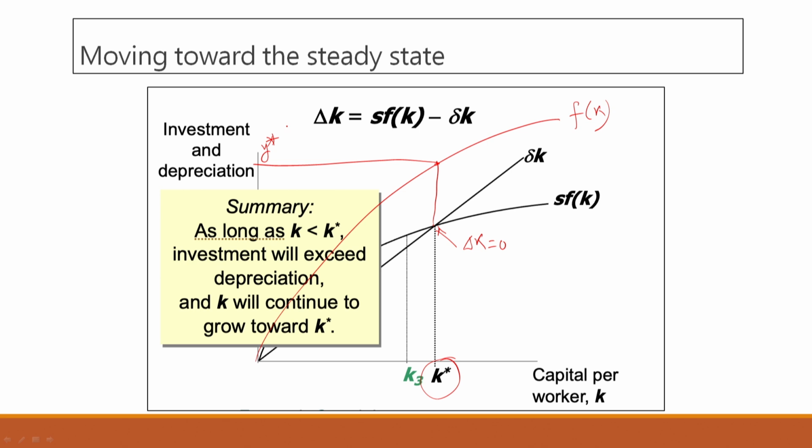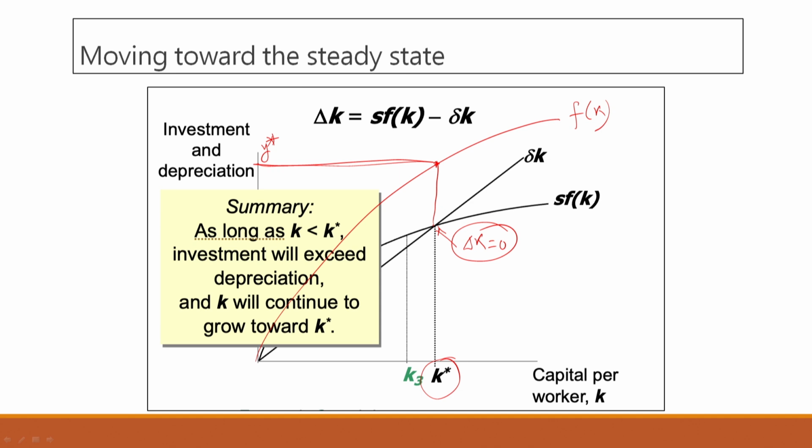And as we said, once the economy has reached this steady state point, since delta K is equal to 0, the economy is not going to move away from that point, unless there are exogenous factors. So, when an economy has reached the point K star, which has a corresponding y star here, and this K star is not changing, then y star is also not changing.